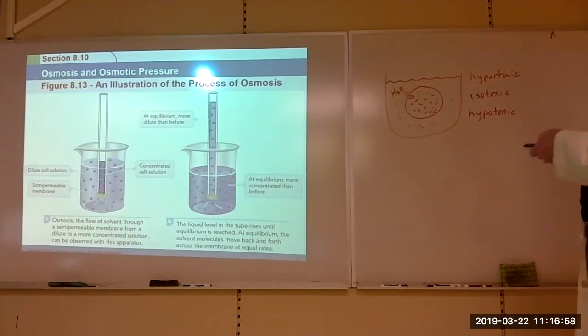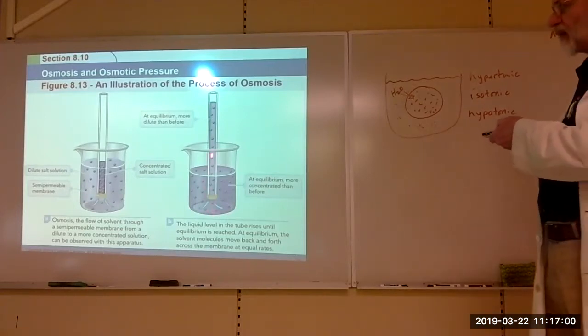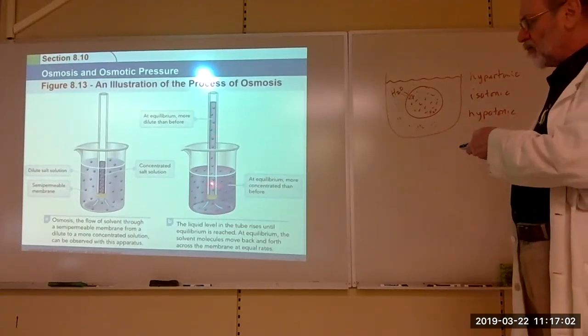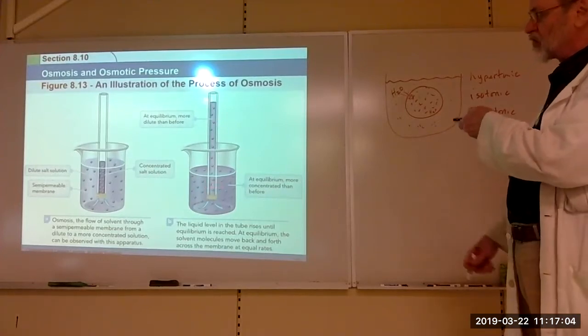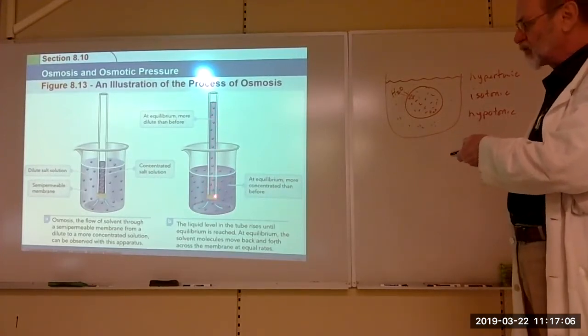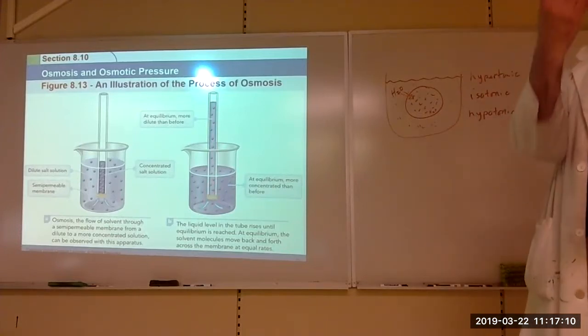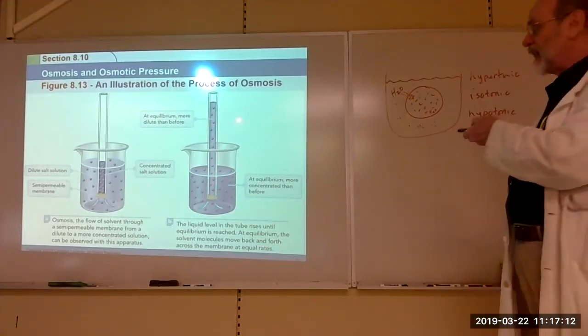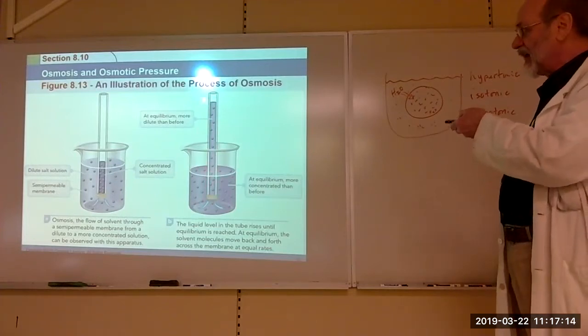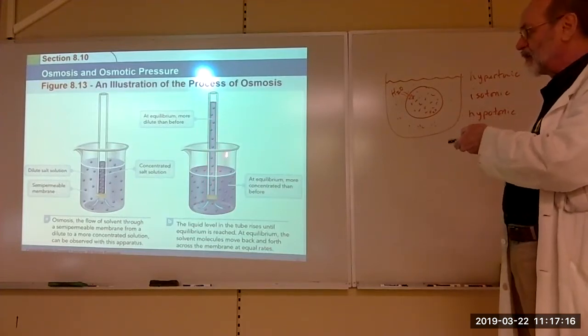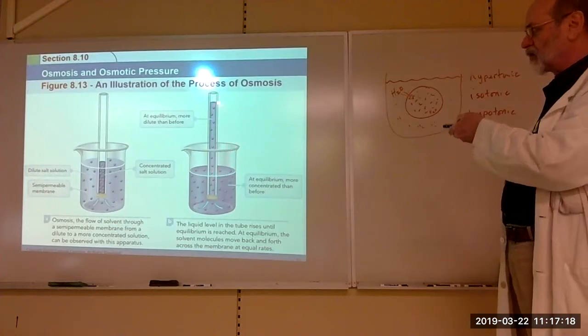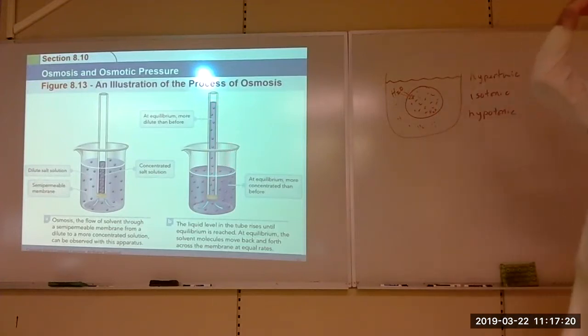Okay? So it reaches a point where the pressure here is forcing water back at the same rate as it is coming in. When it reaches that equilibrium point, then the difference in this surface and that surface is a measure of the osmotic pressure.